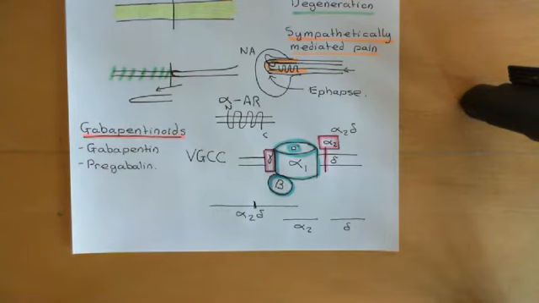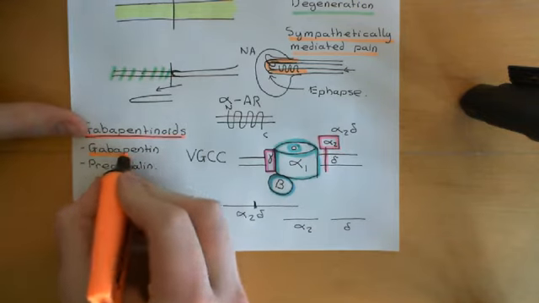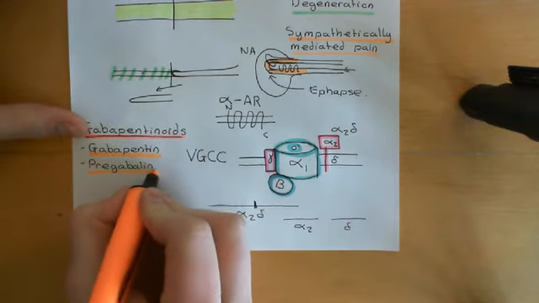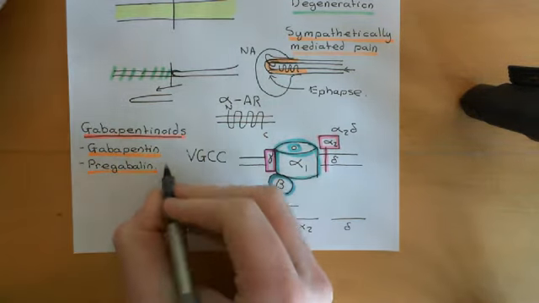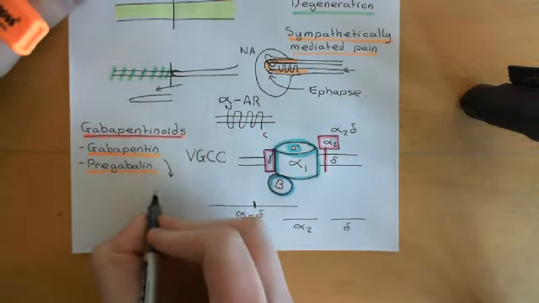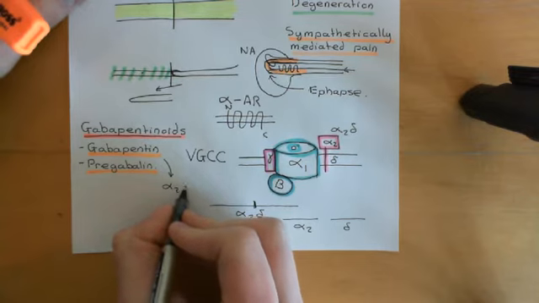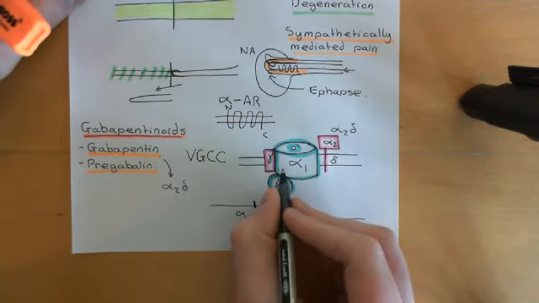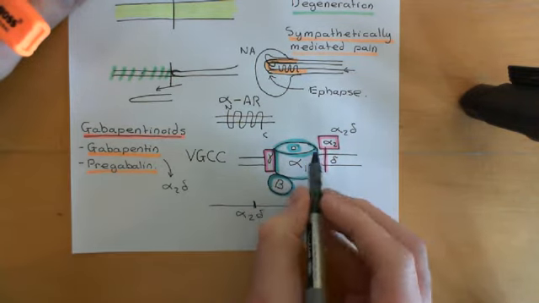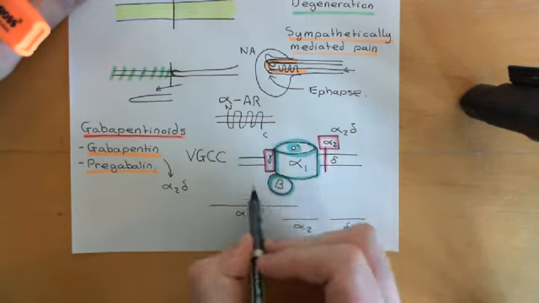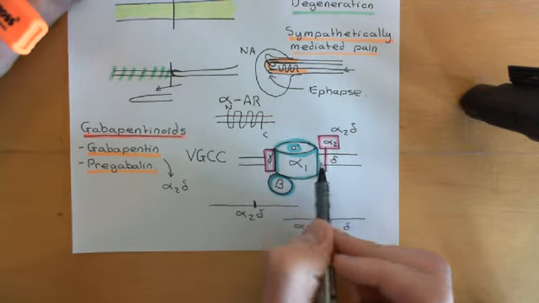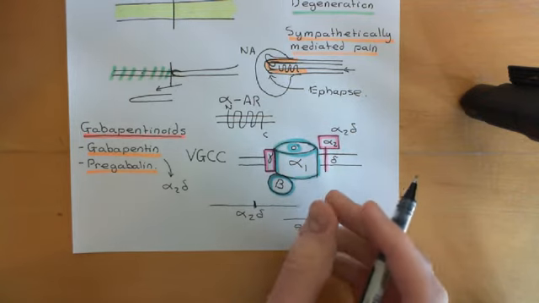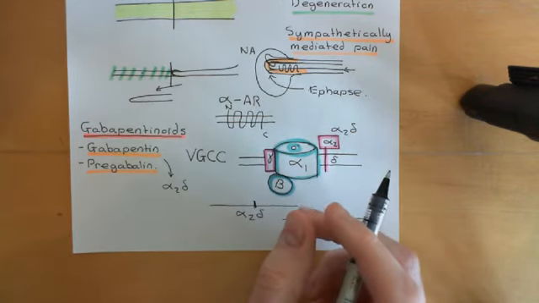So, these gabapentinoid drugs, gabapentin and pregabalin, bind to the alpha-2 delta subunit of the voltage-gated calcium channel, and they stop it from being incorporated into voltage-gated calcium channels. That means the rest of the voltage-gated calcium channel is now on its own without the alpha-2 delta subunit. Now, why is this important?